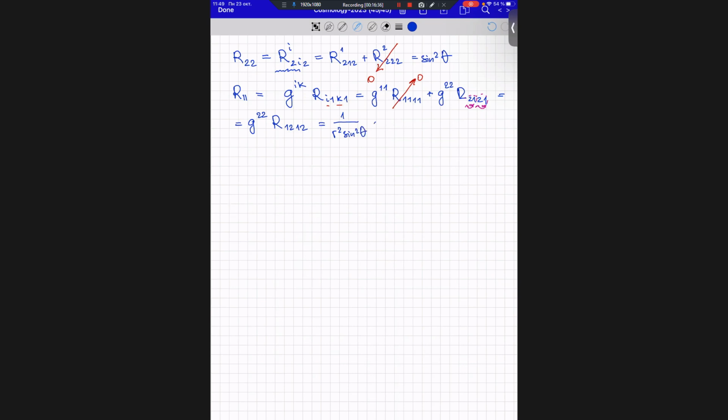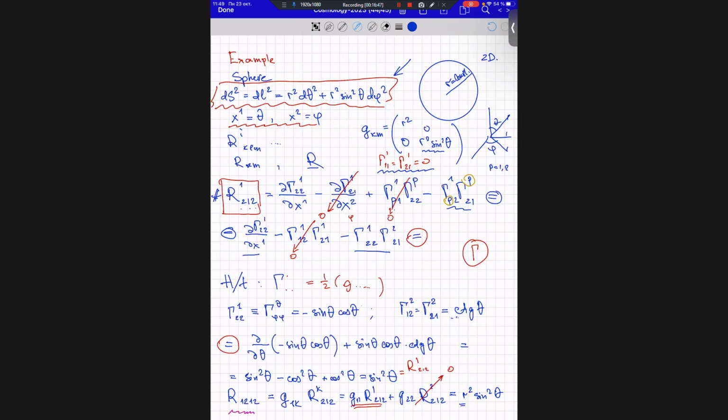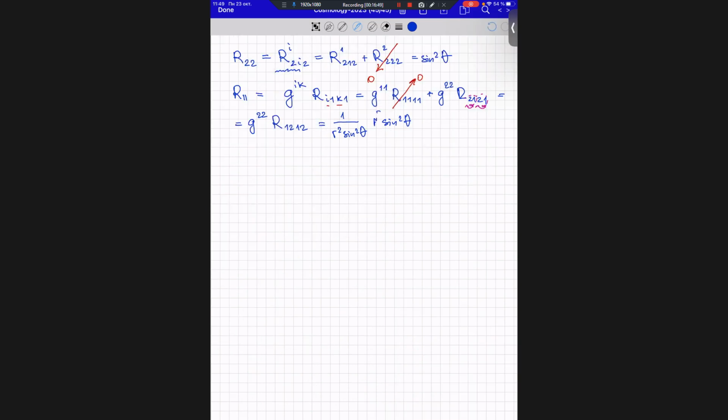And we multiply by the r squared sine squared theta which we obtained before. So we obtain 1.